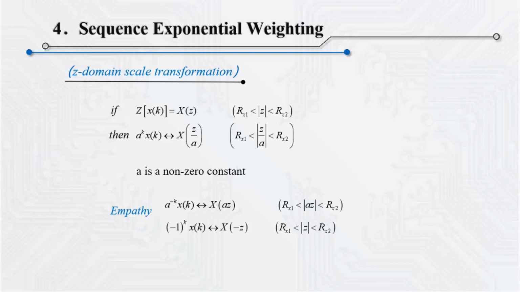If the unilateral exponential signal in the time domain is multiplied by A to the minus k power, then the corresponding scale factor becomes A. If you multiply by minus 1 to the power of k in the time domain, then it is equivalent to the x of z inversion operation in the z-domain. These are two special cases. I hope everyone will pay attention.